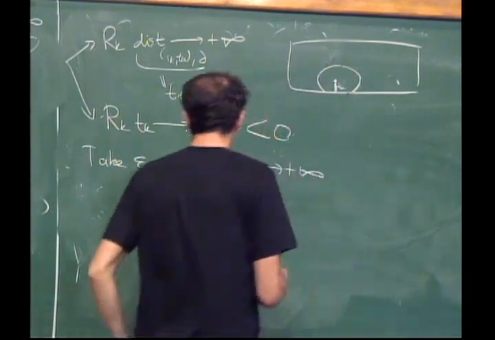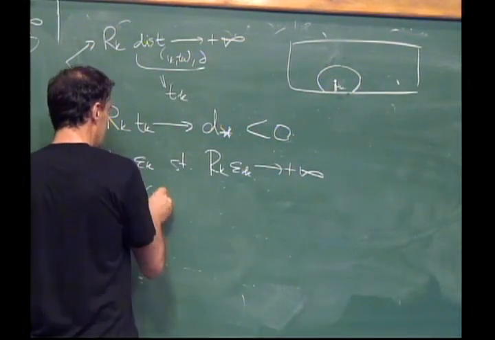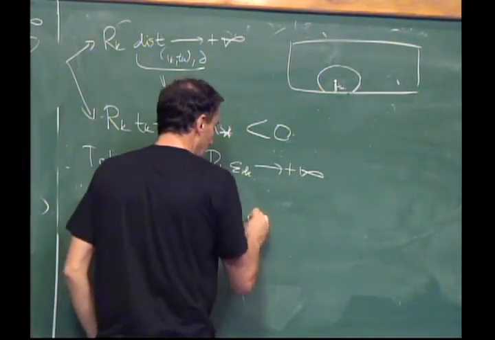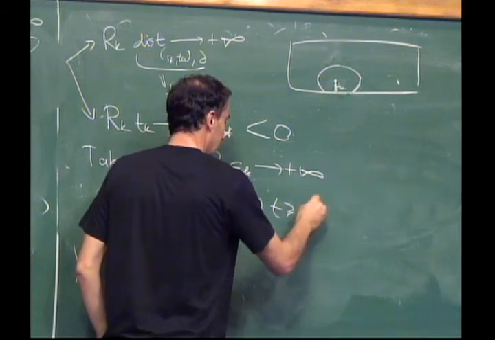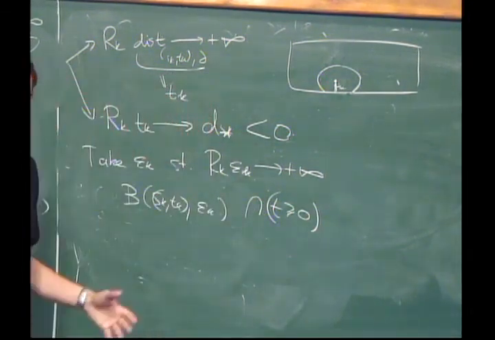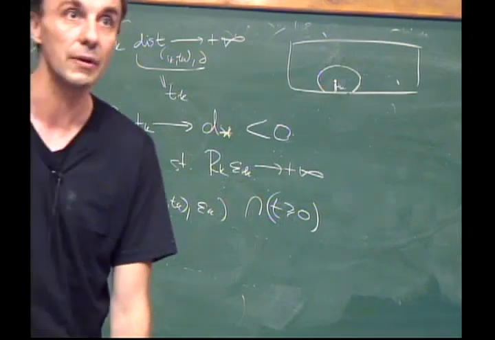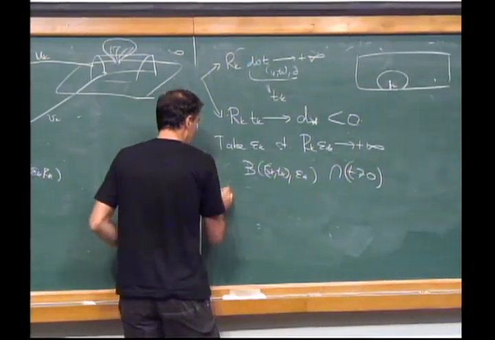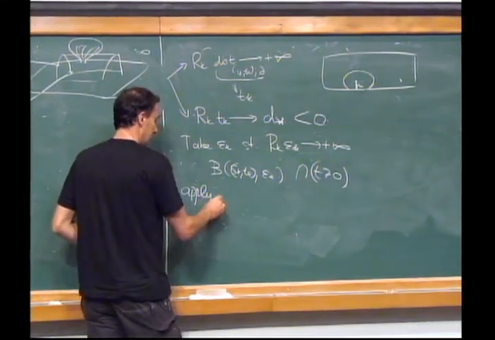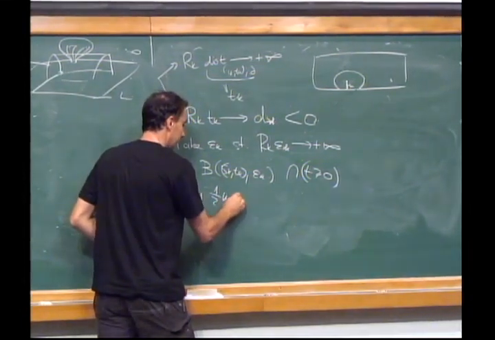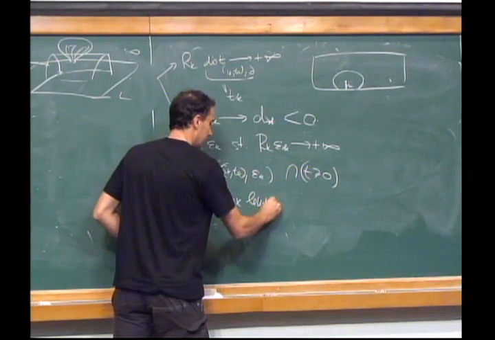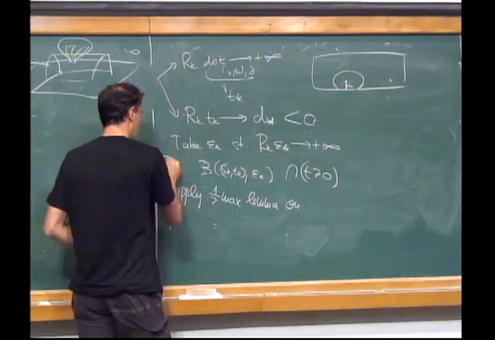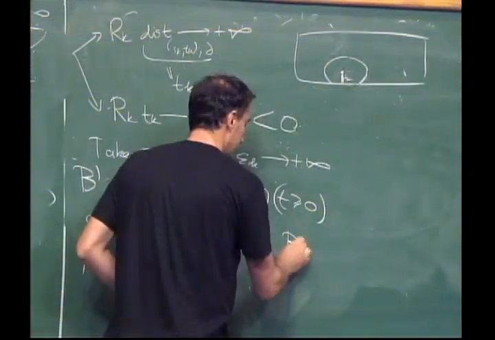So we have this kind of ball, centered at SK, TK of radius epsilon k, which intersects with t greater than 0, of course. If not, you cannot put it into it. Okay? And so what you do is you apply the half maximum lemma on this kind of ball, on B prime.